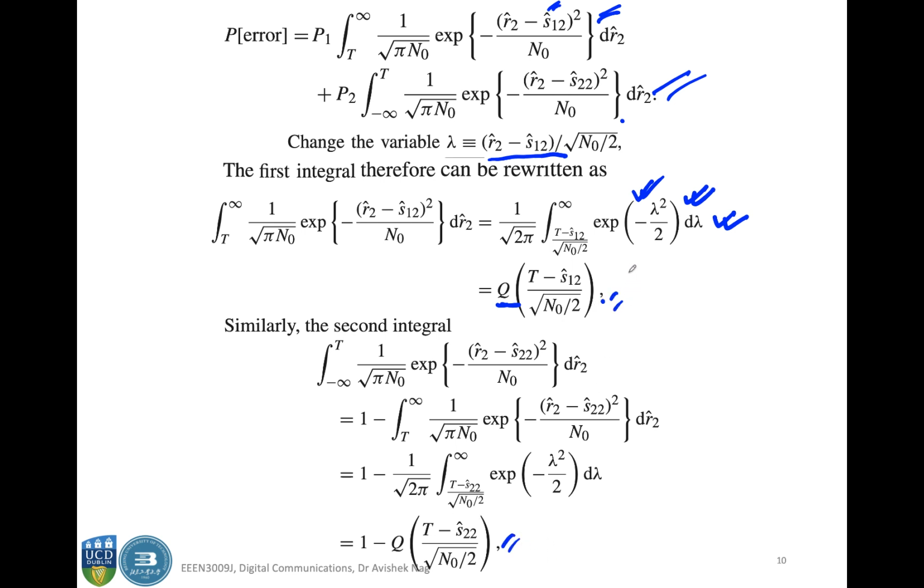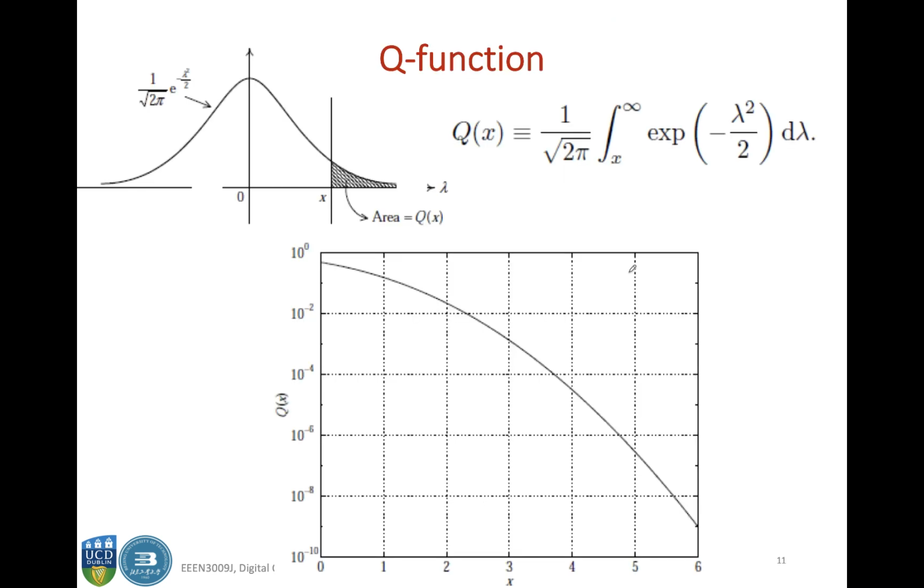Now if you calculate the probability of error, the Q function is defined as this. The integral of this term from x to infinity is nothing but the area under the curve from x to infinity for a Gaussian distribution with 0 mean and unit variance.